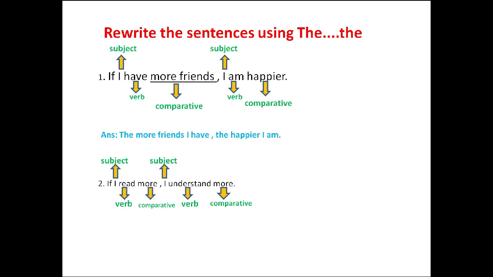Following the same formula. The plus comparative plus subject plus verb, comma, the plus comparative plus subject plus verb. If you will remember the formula and you can identify the subject, verb and comparative degree easily in your sentences, then you will never get your sentence wrong.